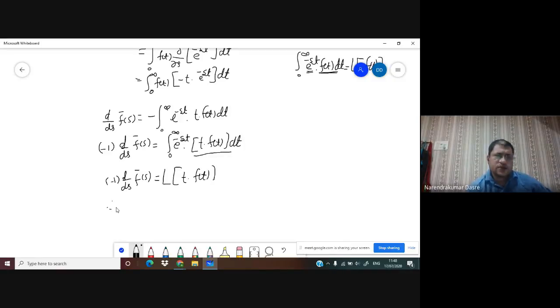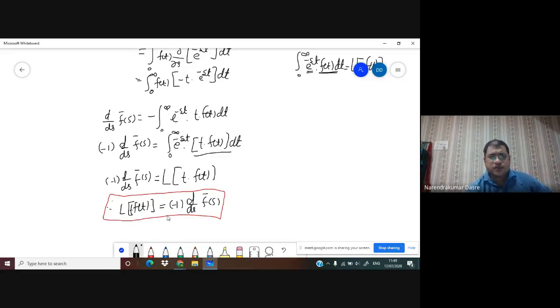Hence the Laplace transform of t into f of t is equal to minus 1 times d by ds of f bar of s. So you can see if we differentiate once, then we are able to get the Laplace transform of t into f of t.